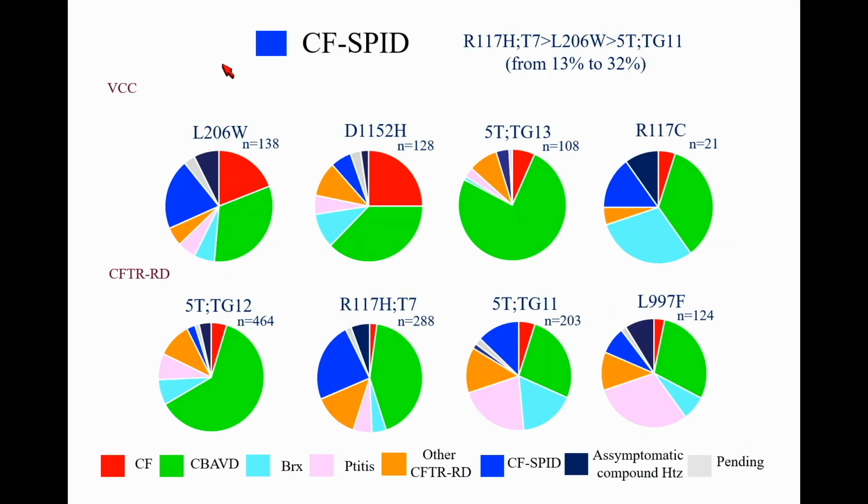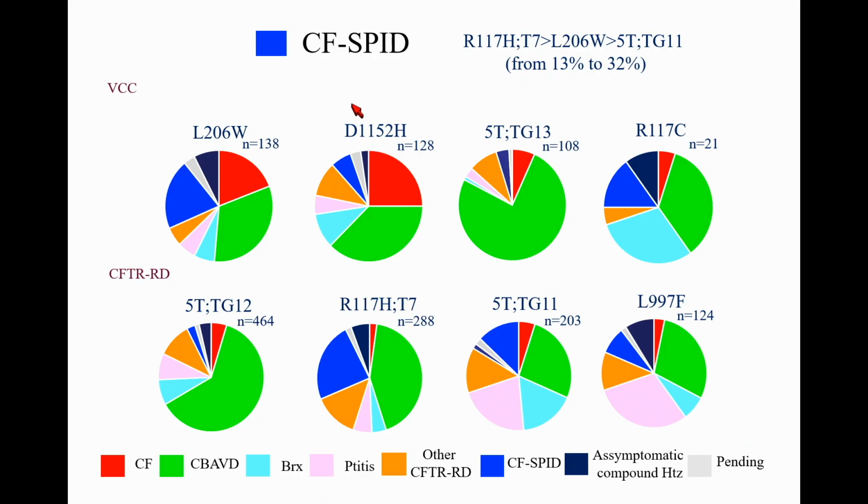And it is interesting because these database reports, as I said previously, phenotype according to the genotype and consider the ratio of CF-SPID and also of CFTR-related disorder, CBAVD, bronchiectasis, pancreatitis, and also report asymptomatic compound heterozygous for given genotypes.